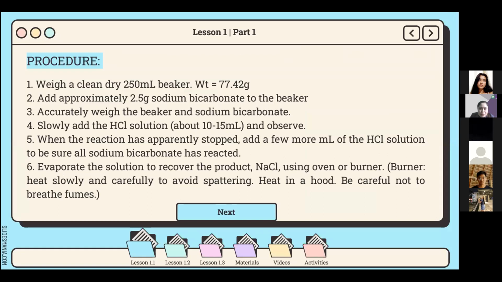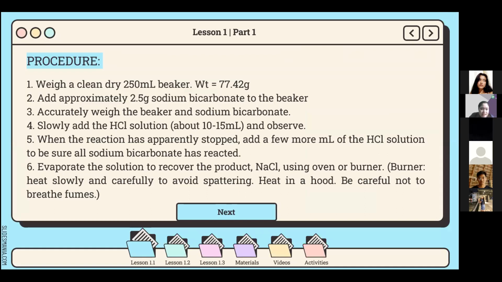So, this lesson is entitled Percentage Yield. This is still part of stoichiometry, but it's not just about theory since we conducted this experiment in the laboratory.